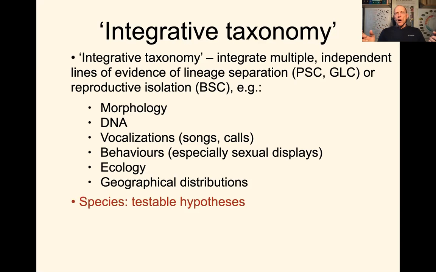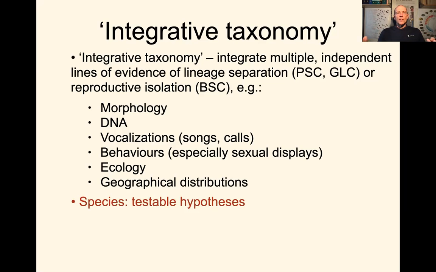And species are considered hypotheses, and therefore they are testable. And you can test them by using all these different lines of evidence, as much evidence as you can get. So the more data you have, the better.